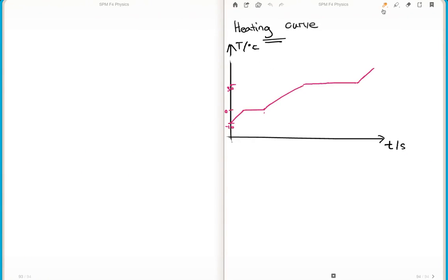Something that you need to know, understand and pay attention to would be here. From negative 10 up to 0 degree, this period of time is in solid, definitely solid. What do you call this period of time? We call it heating.